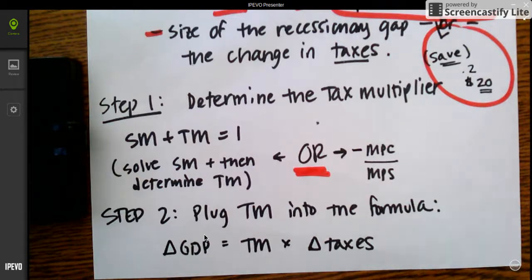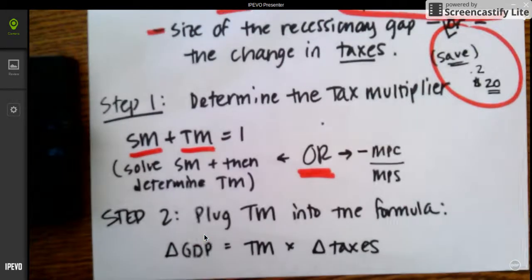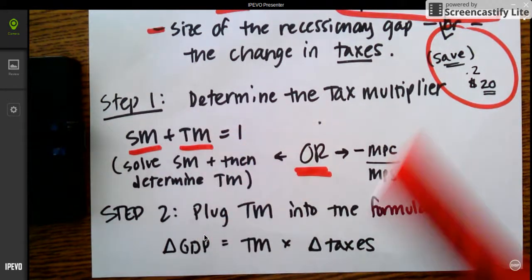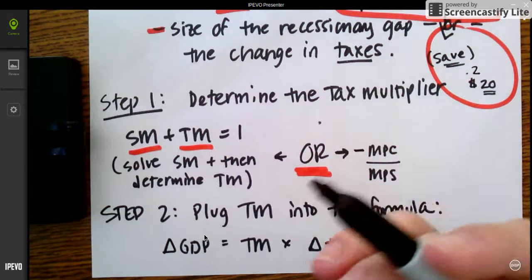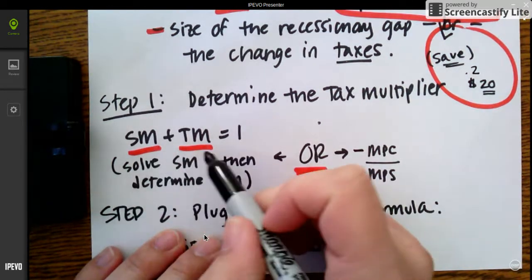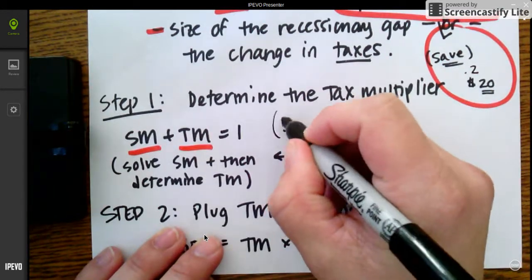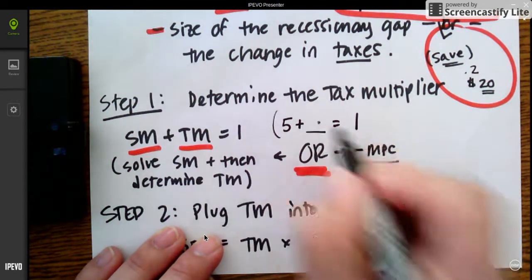Remember, how much we spend and how much we save adds up to 100% of our income. So if all of the country's income is either spent or taxed, basically those are going to add up to 1 as well. So if the spending multiplier in our last scenario was 5, what plus 5 equals 1?